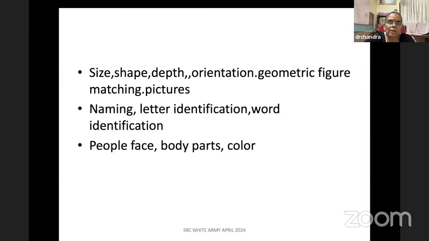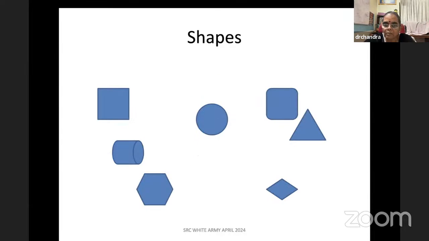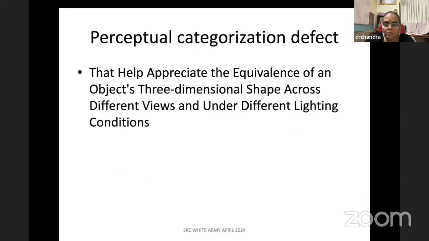You tell them to name, to identify letters, words, famous faces, familiar faces, body parts, and colors. This is some example for size, which is small and which is big; you can give this and tell them to identify. This is a shape recognition model. This is a line orientation recognition model.